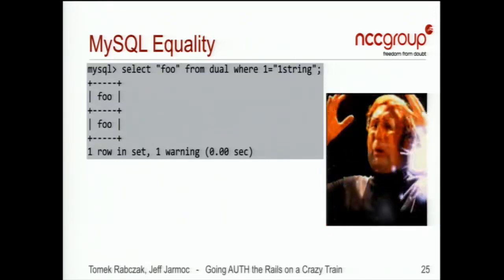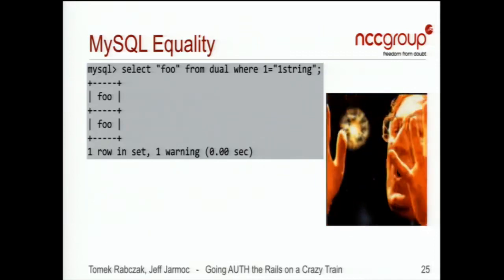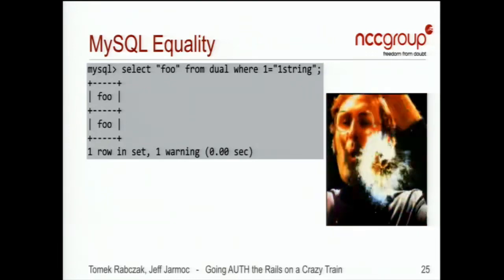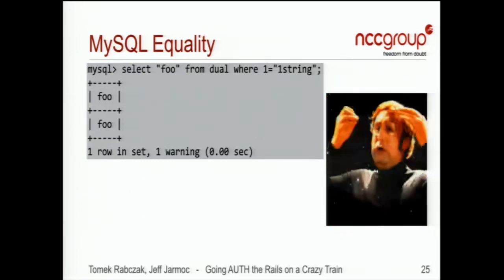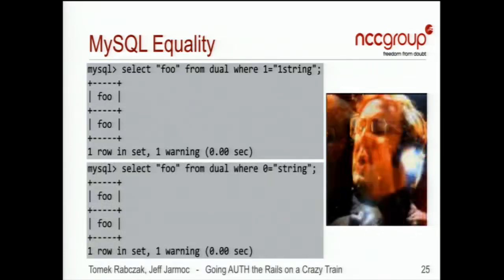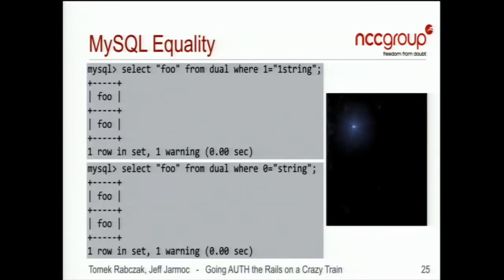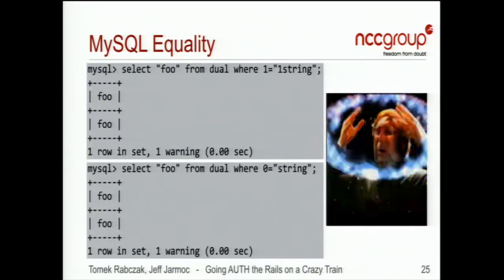When MySQL does this, it typecasts the string to an integer, does the comparison, and since 1 equals 1, it thinks that 1 equals '1 string' and returns true. So that's kind of unexpected. Similarly, the integer 0 will match any string that doesn't begin with an integer, and that'll return true as well.